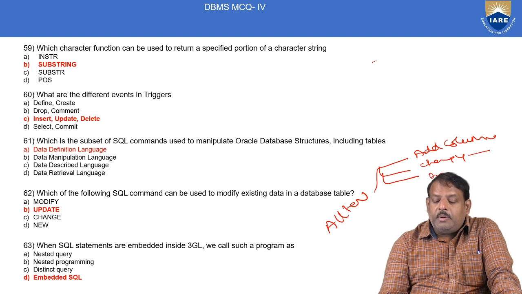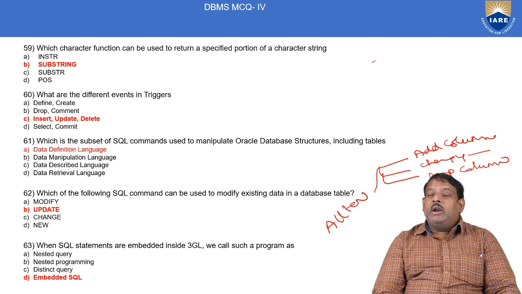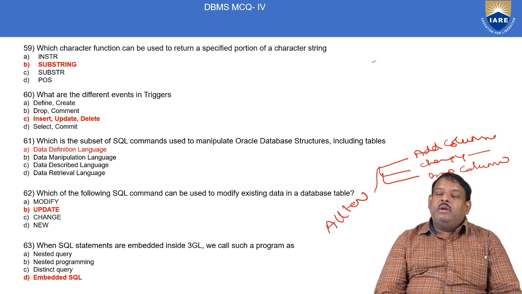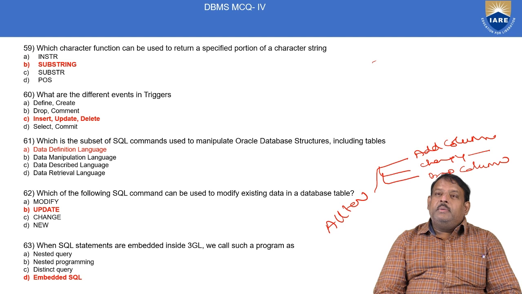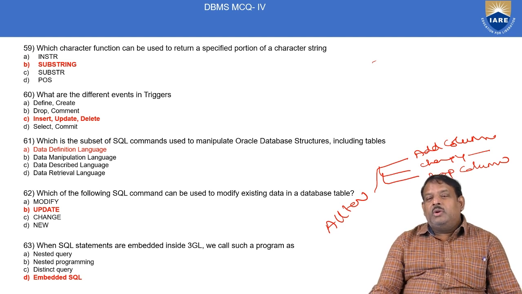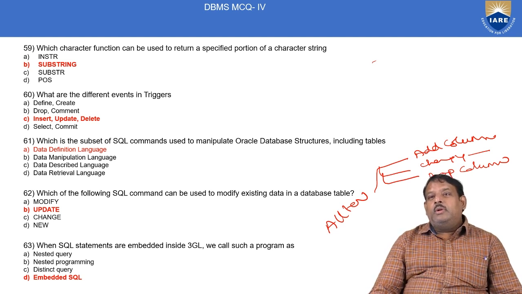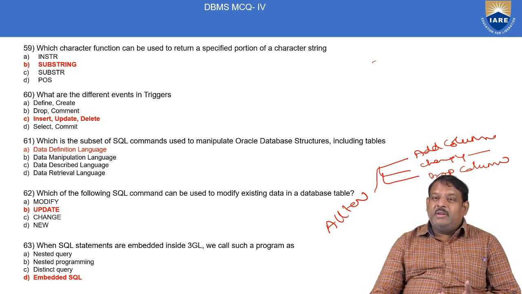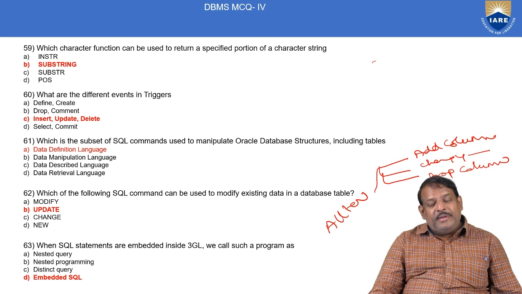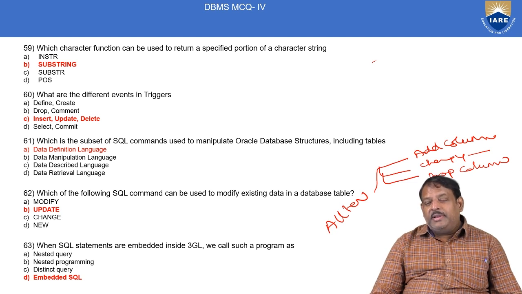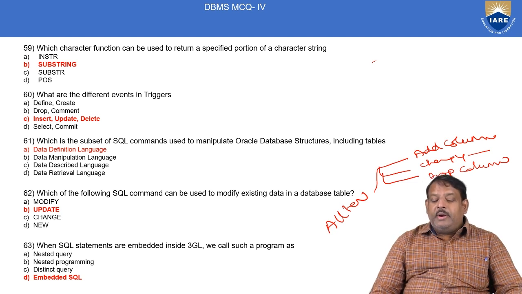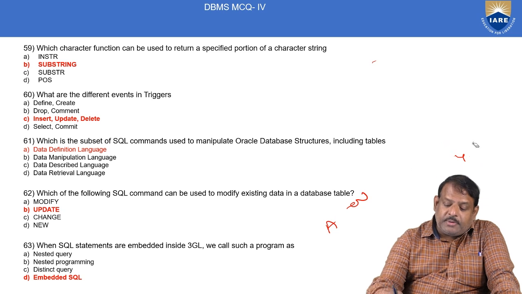You can also drop an existing column from a database table. Suppose you think that the column is no longer required, you can just drop it. So alter is for structure, and update is only to update a particular piece of record in the database.